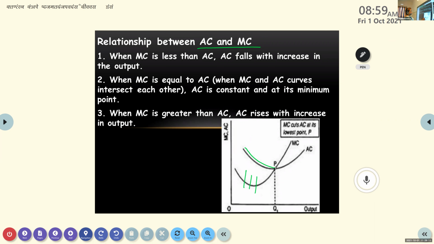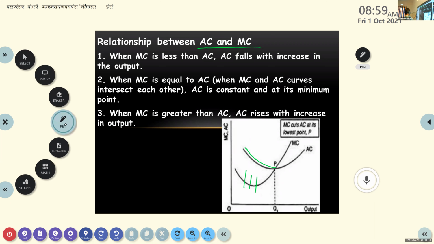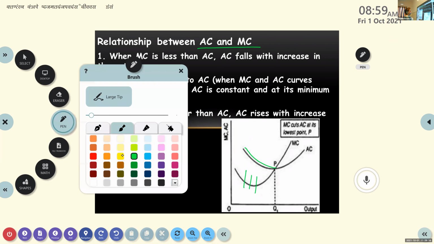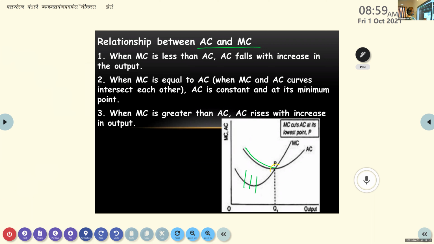Now another point, that is when MC is equal to AC, what happens? They both intersect each other and AC is constant and that AC is at minimum level. Is MC at its minimum?